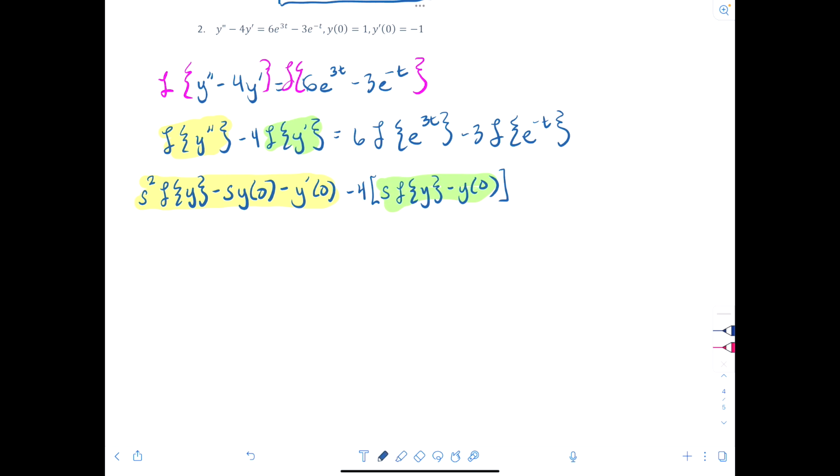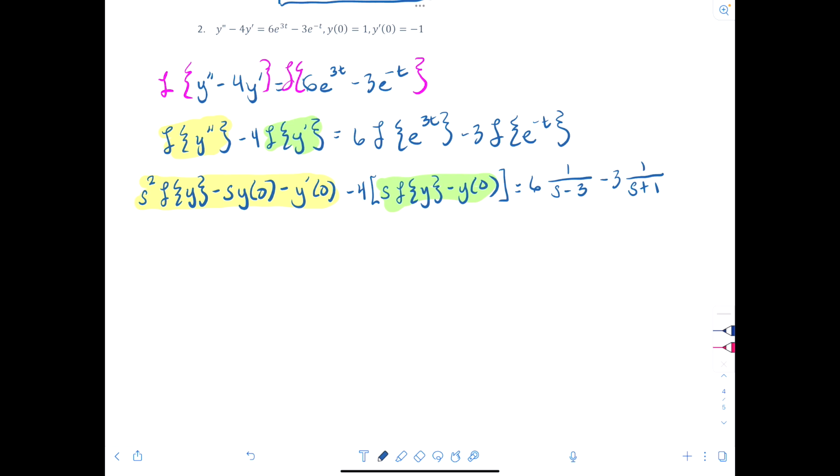All right, and then that's going to give us 6 times, we just did this, right? L at e to the 3t, isn't that just 1 over s minus 3? And then minus 3 times L at e to the negative t is going to be s minus negative 1, so s plus 1.